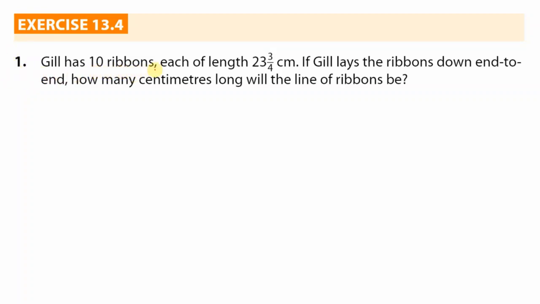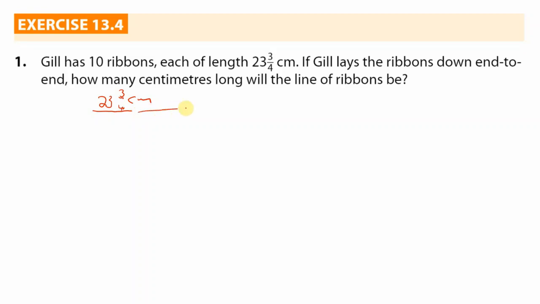Jill has 10 ribbons, each of a length of 23 3/4 of a centimeter. If Jill lays the ribbons down end to end, how many centimeters long will the line of ribbons be? So we have 10 ribbons, one ribbon is 23 3/4 of a centimeter.